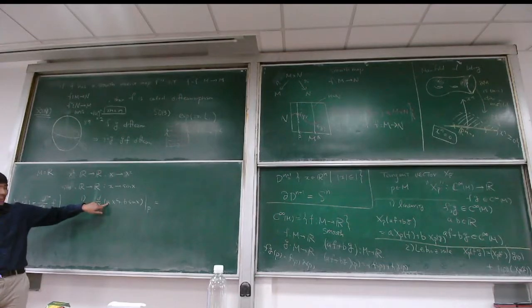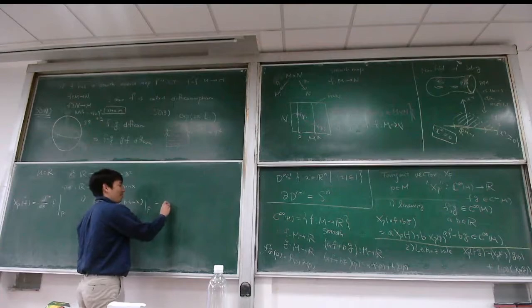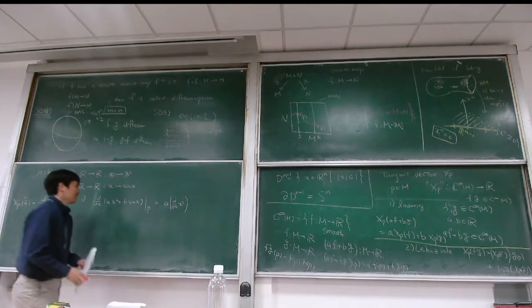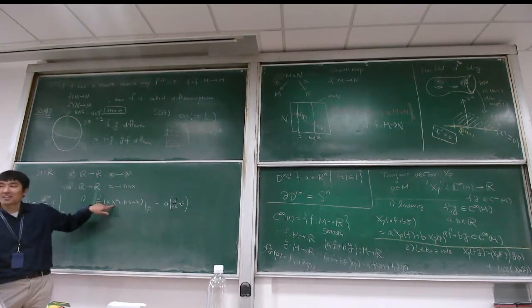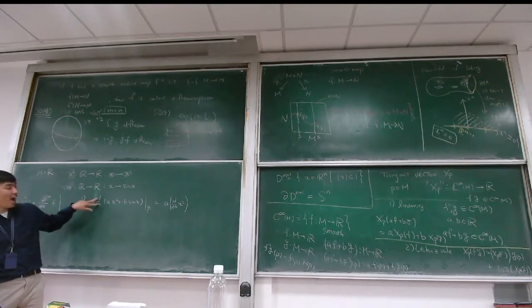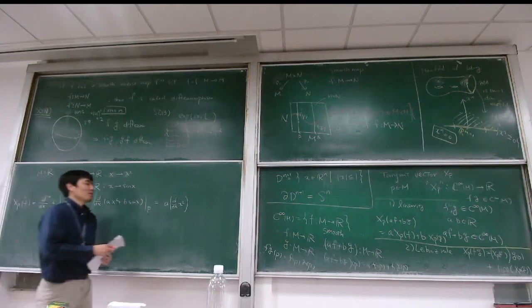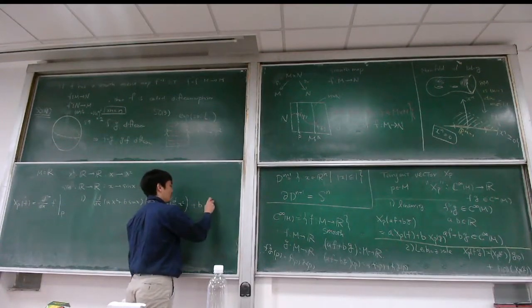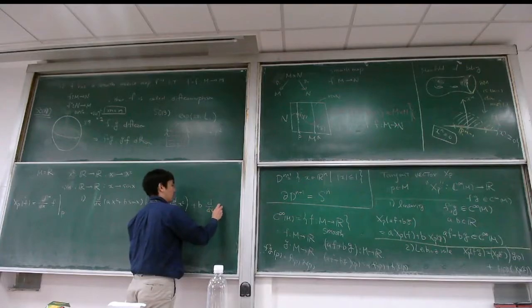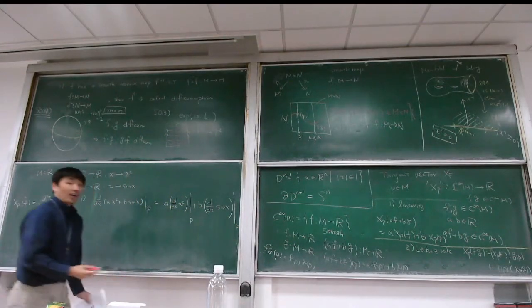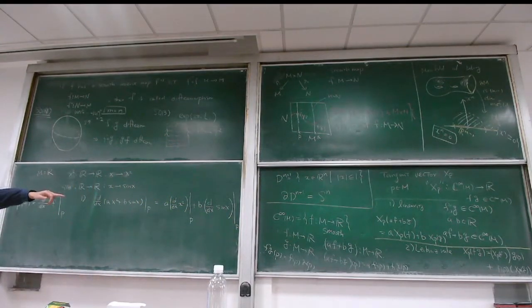You can just immediately apply it: a d/dx of x squared plus b d/dx of sine x, evaluated at point p. As you can see, it satisfies linearity.